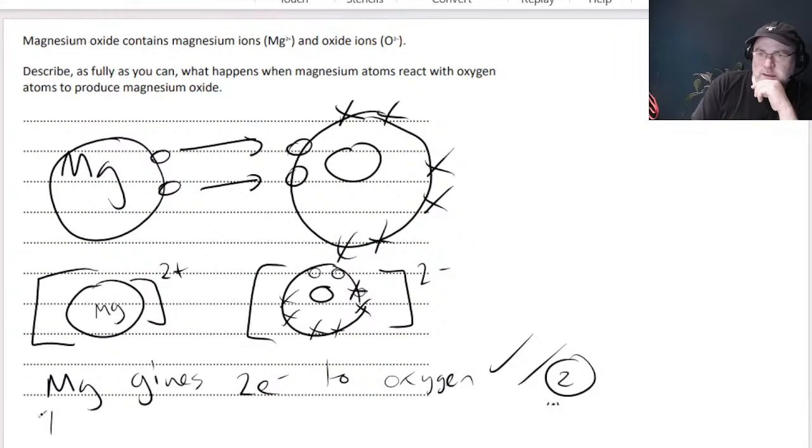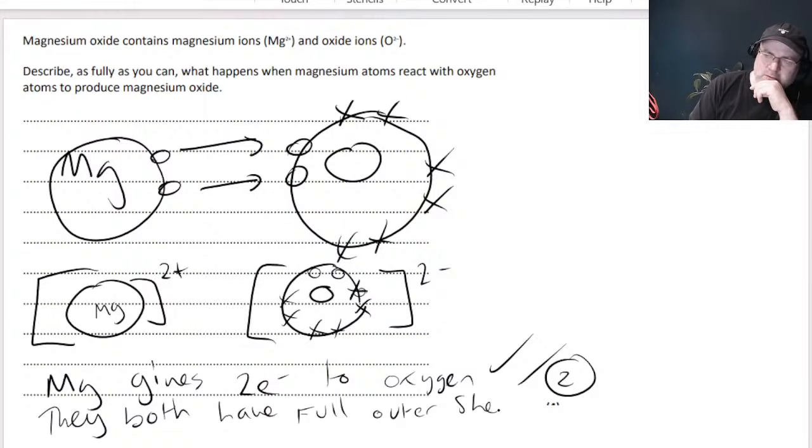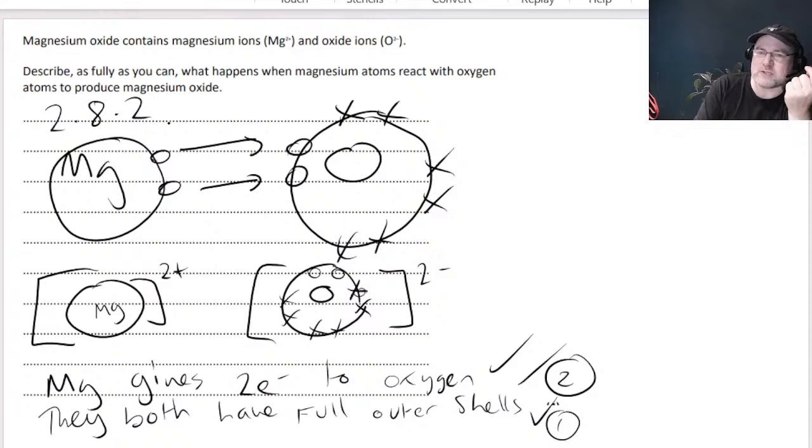Now I want to say they both have full outer shells. You could say they're both stable if you like. Magnesium was 2,8,2 and oxygen was 2,6, and afterwards their electronic structure is going to be 2,8.